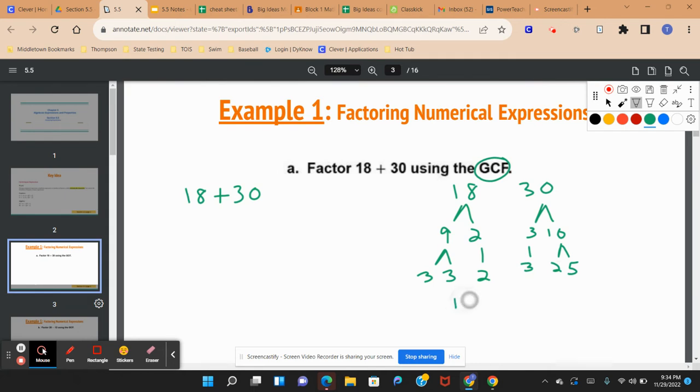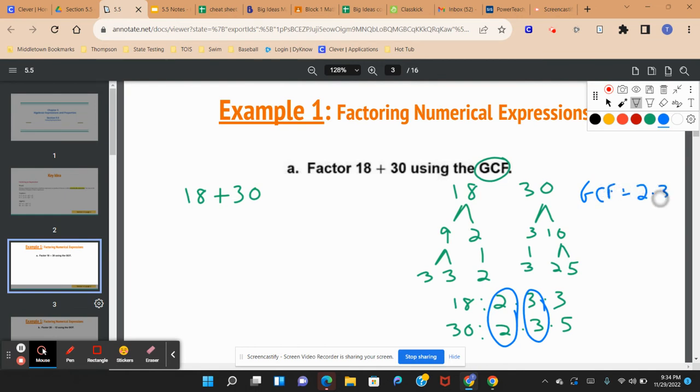All right, so let's write these out. 18 is 2 times 3 times 3, and 30 is 2 times 3 times 5. Let's circle our pairs. We have a pair of 2's and a pair of 3's. So my GCF is 2 times 3, which is 6. So this is what we're going to be factoring out.